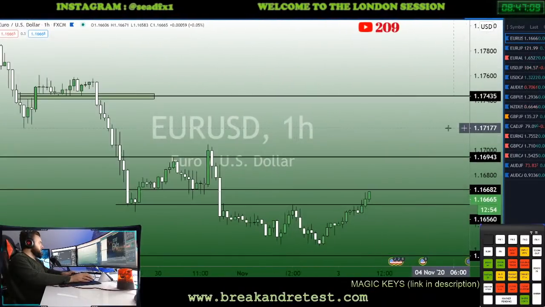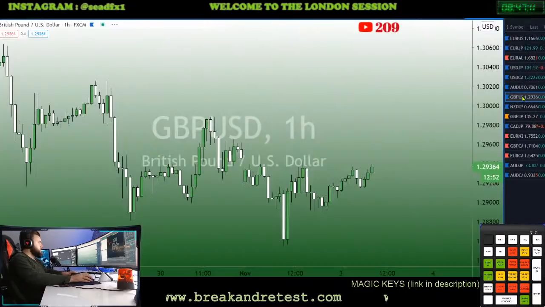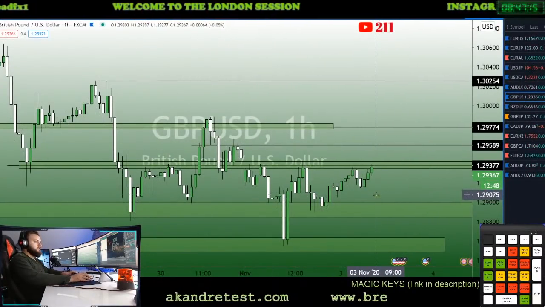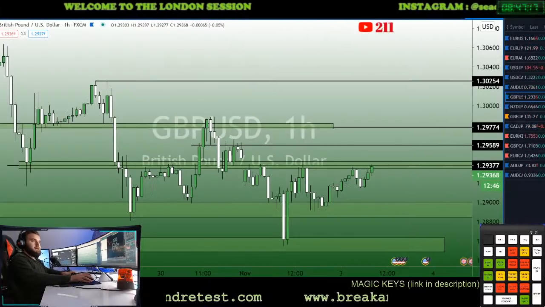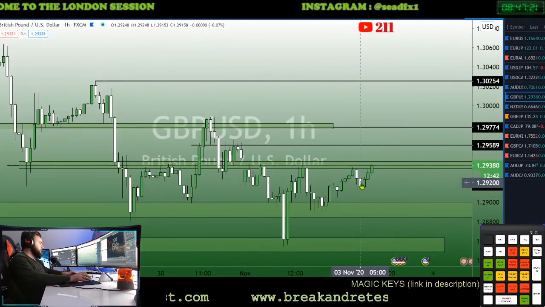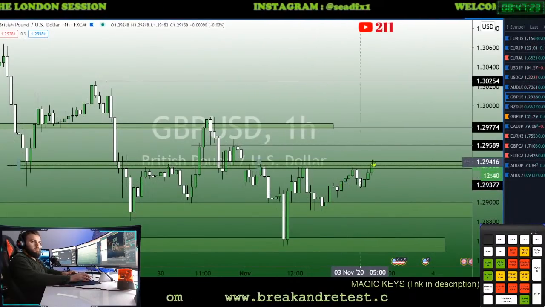For me, I would rather choose GU over EURUSD because GU is faster than EURUSD, and wouldn't let us wait for too long. 20 pips would be easy.